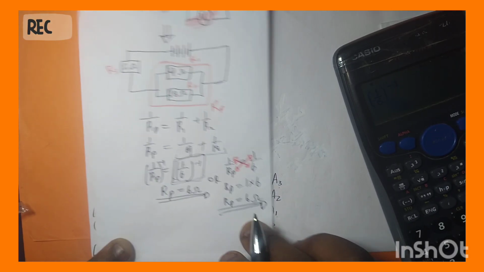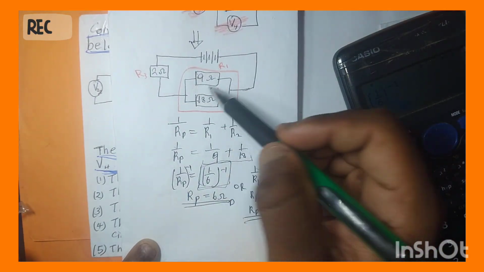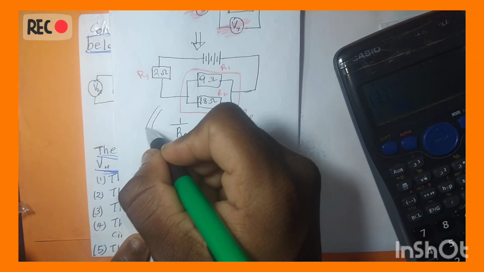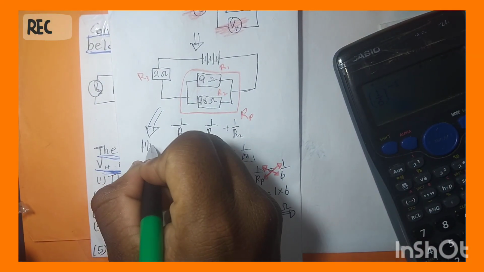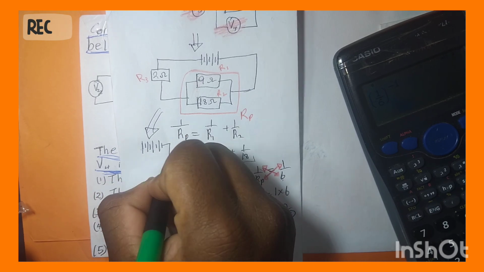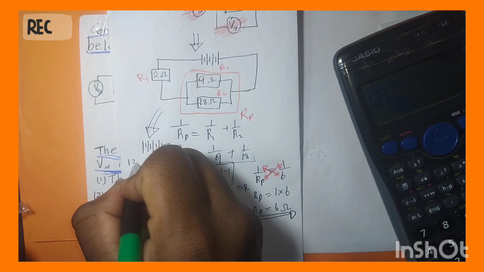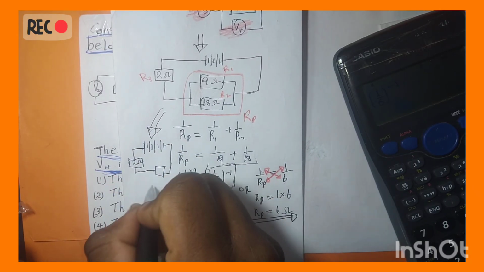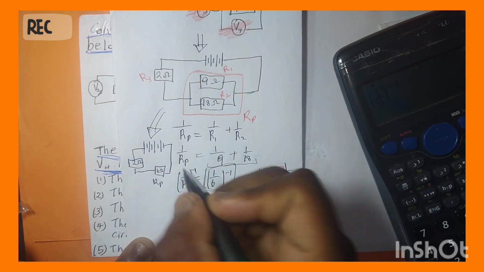So it simply says now, when you combine these two resistors which are in parallel, your circuit will just become like this: R3, which is 2, and here is your resistor which is in parallel, and that resistor is 6 ohm.